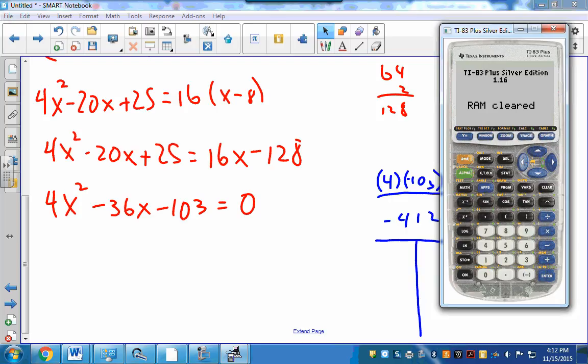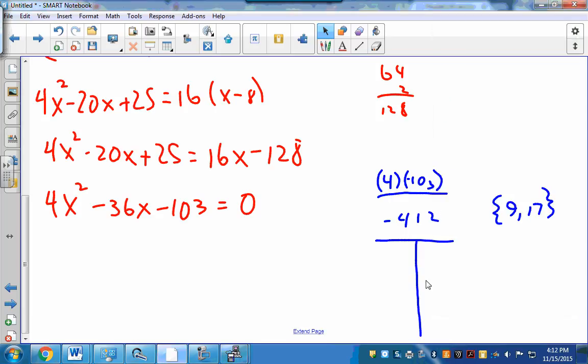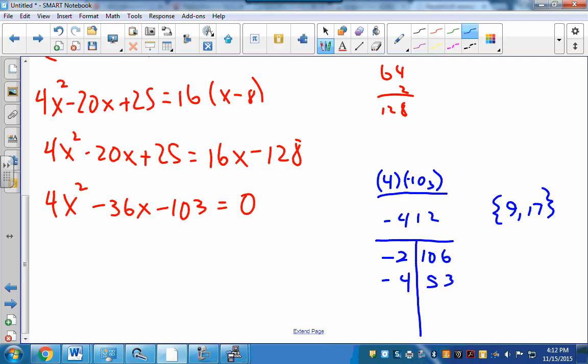If I multiply 412, see, I have 412. So I've got my calculator here. I can do negative 2 and 106. I can do negative 4 and 53. I'm trying to get to the 36. 53 is, let's see, 53.